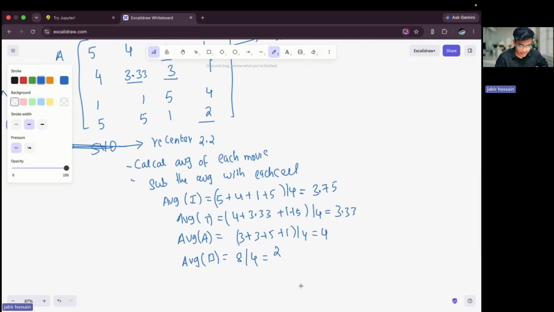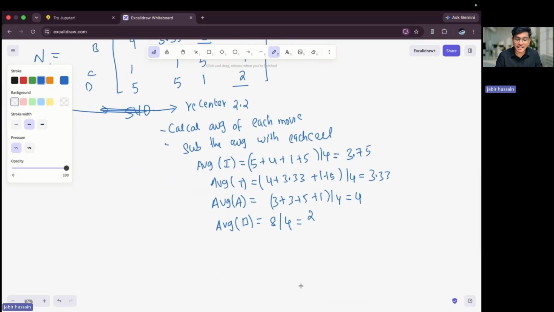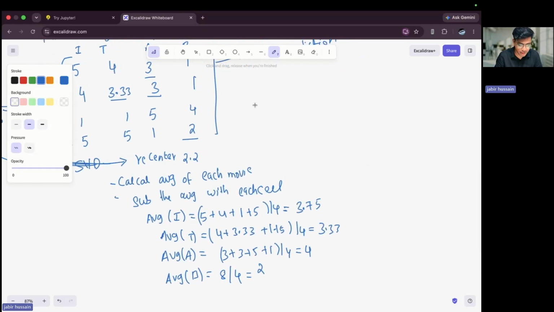After calculating the averages, we will calculate the recentered matrix. Our recentered matrix n would be: 5 minus 3.75, 4 minus 3.75, 1 minus 3.75, 5 minus 3.75.